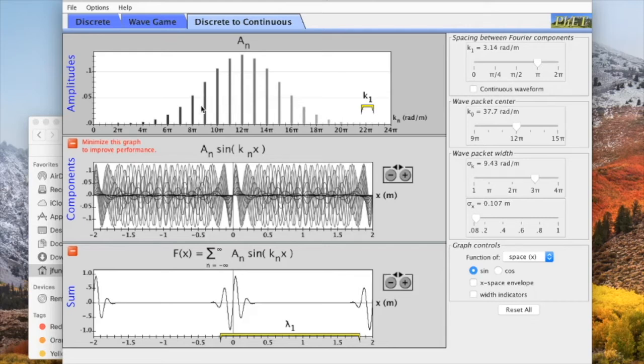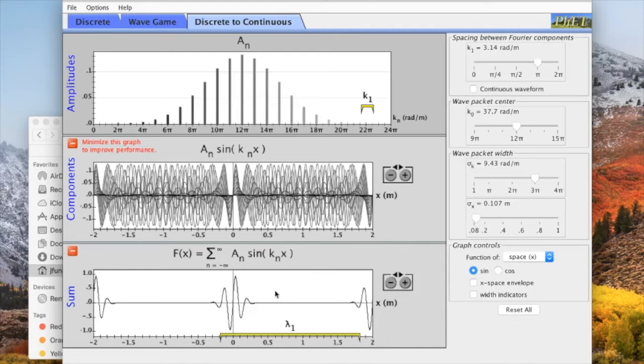We're still adding up discrete wave numbers, and what we're plotting here is the spacing in wave numbers between adjacent sine functions. This is essentially the same case as on the last panel.